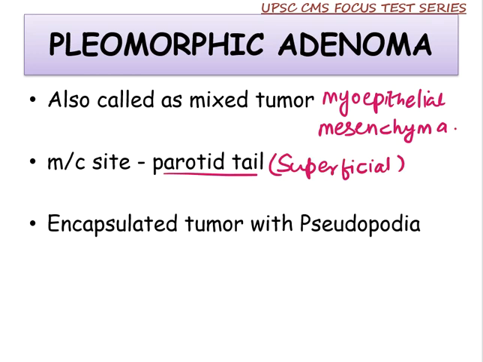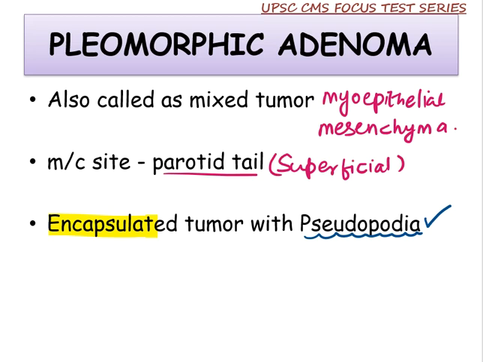Okay, as you can expect from a benign tumor, it's an encapsulated lesion, but here is a very important point which should be noted, that it has got something called pseudopodia. Pseudopodia are something like small finger-like or foot-like extensions which go out from the main tumor of adenoma. Why this pseudopodia is very important for you to know is because these are all extensions which are going outside the adenoma, right?